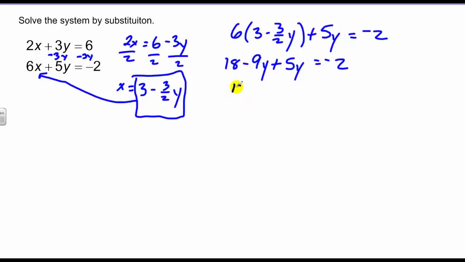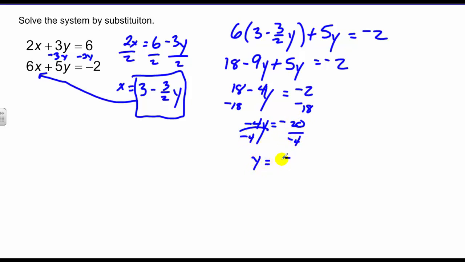That's 18 minus 4y is equal to negative 2. Subtract 18 from both sides. Get negative 4y is equal to negative 20. Divide by negative 4 on both sides. And get y is equal to 5.